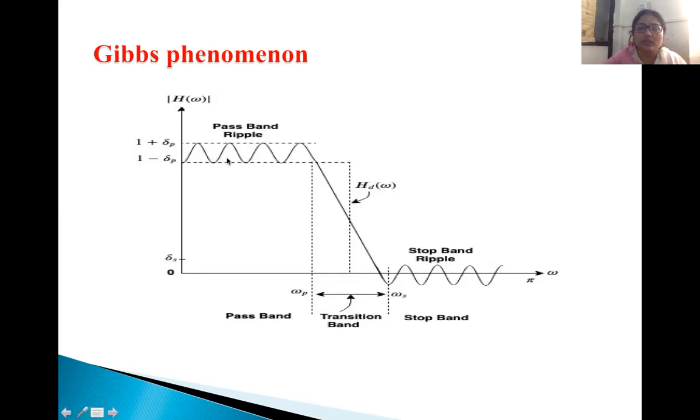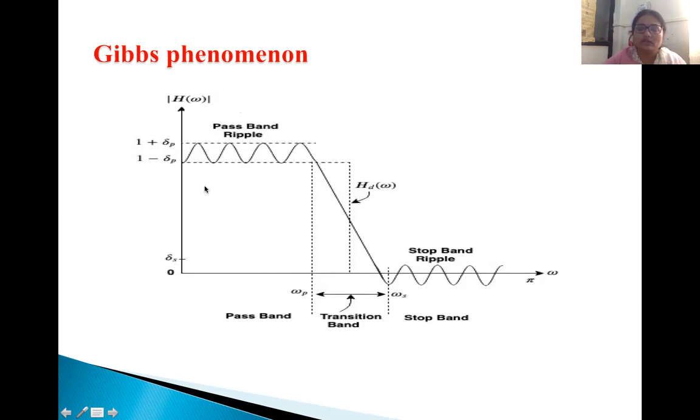The ripple in the pass band and the ripple in the stop band are represented as the Gibbs phenomenon. Because of abrupt change in the input, the transition band is also changing. So the transition band is increasing because of abrupt change in the signal in the time domain.